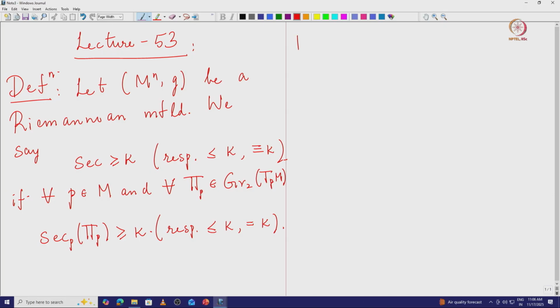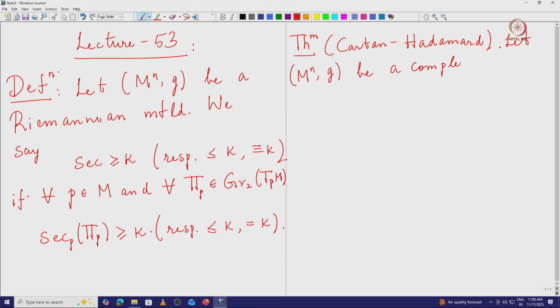Alright, so the first theorem that we want to prove on this relationship between curvature conditions and topology is the so called Cartan-Hadamard theorem. Okay. So, what this says is the following. Let M and g be a complete Riemannian manifold such that the sectional curvature is non-positive.